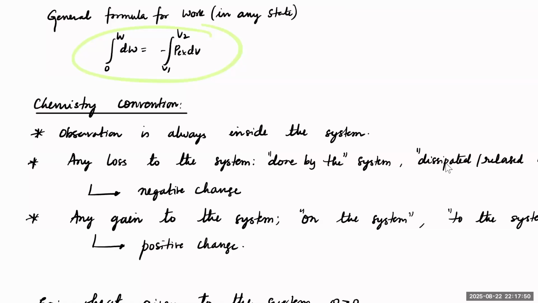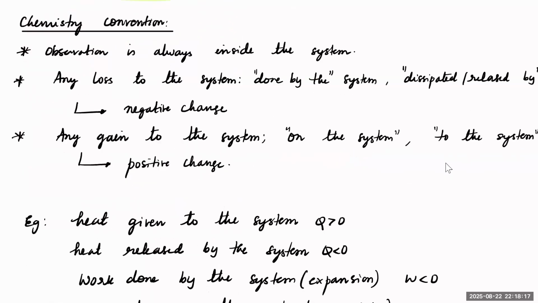But any gain on the system, that means some extra pressure is being applied to compress the gas. If the gas is expanding, that means it is done by the system, and the net effect is by the system. So overall expansion will always give you negative work, while compression, which is on the system, will give you positive work.